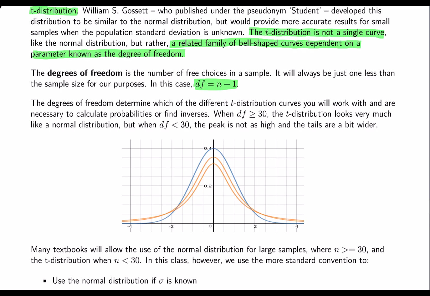It's notable that when the degrees of freedom is greater than or equal to 30, the t-distribution actually looks very much like a normal distribution, but when it's less than that, the peak is not as high and the tails are a bit wider. So for instance, in this diagram right here, this is our normal distribution.